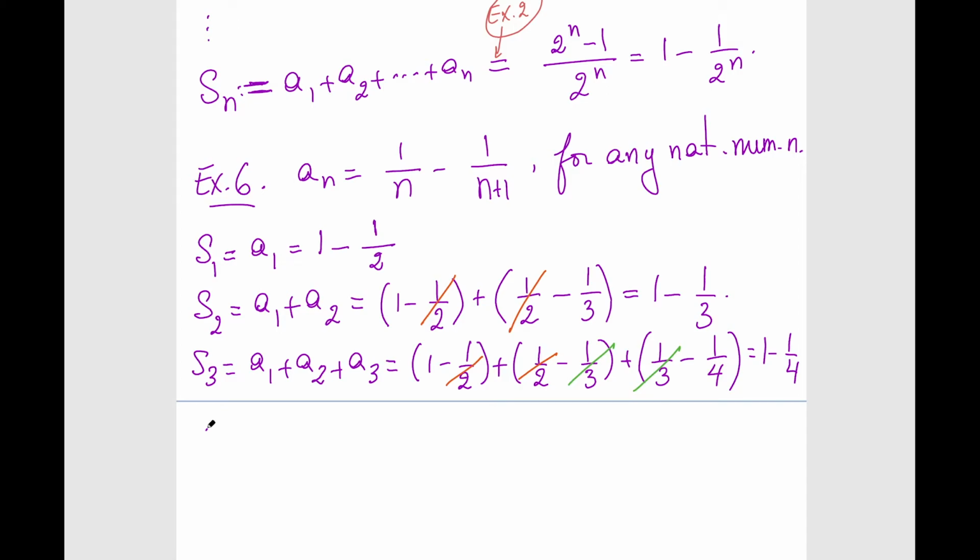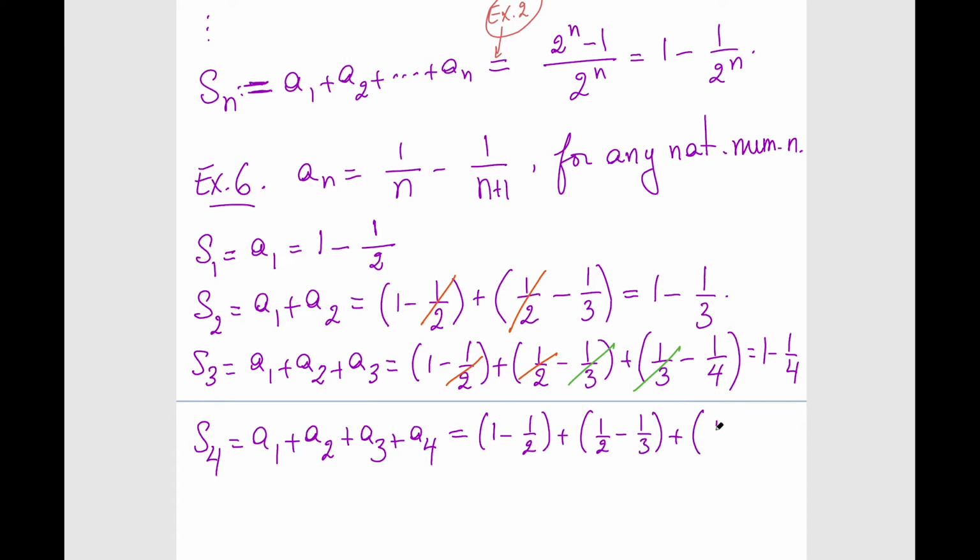Let's check. S4, which is the sum of the first 4 terms, so A1 plus A2 plus A3 plus A4. What's A1? It's 1 minus 1/2. A2 is 1/2 minus 1/3. A3 is 1/3 minus 1/4. And lastly, A4.